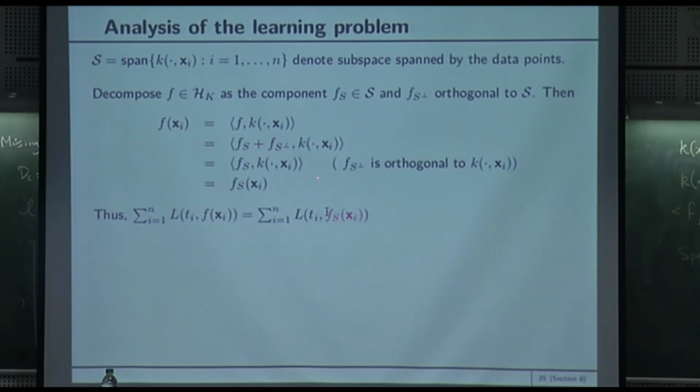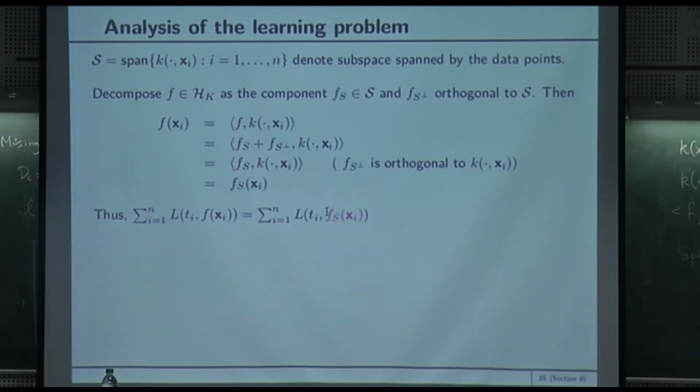Inner product is distributive, so I can write this as f_s times kxi plus f_s perpendicular times kxi. But f_s perpendicular is orthogonal to kxi, just by definition. So the inner product between f_s perpendicular and kxi will become 0. So that disappears. So now you end up getting that this thing is nothing but f_s kxi.